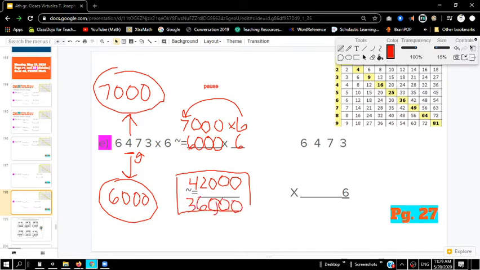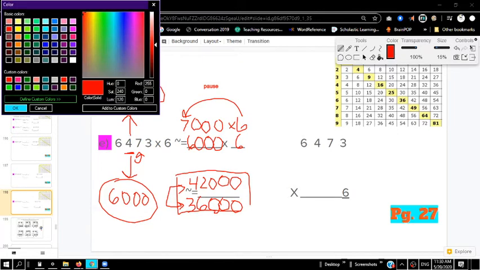This time we have what's called a range of numbers. This range of numbers is going to have our answer fall in between these two numbers. Let's now do the multiplication to see if we are correct.